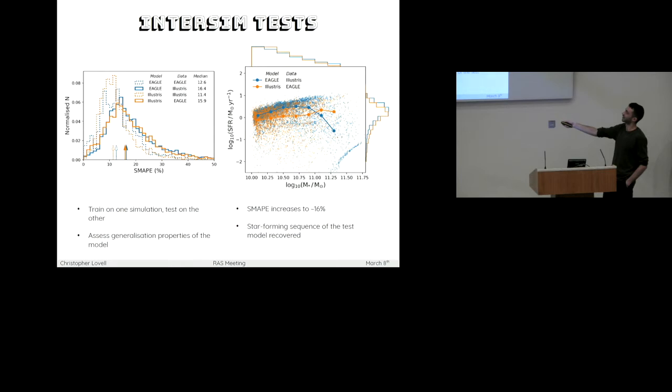Compared to some other SED fitting techniques where you see dramatic failures for intermediate age stars or dramatic misestimates of the total mass, 16% is actually still pretty good. I haven't done an assessment of some other SED fitting star formation history technique that uses the same bins, and obviously this is very sensitive to the bin number, so I can't give you a fair comparison with another one. But yeah.